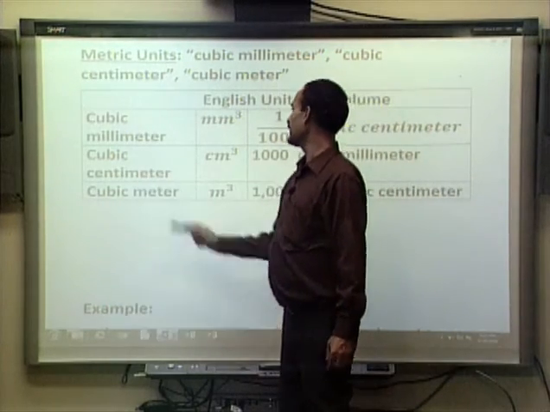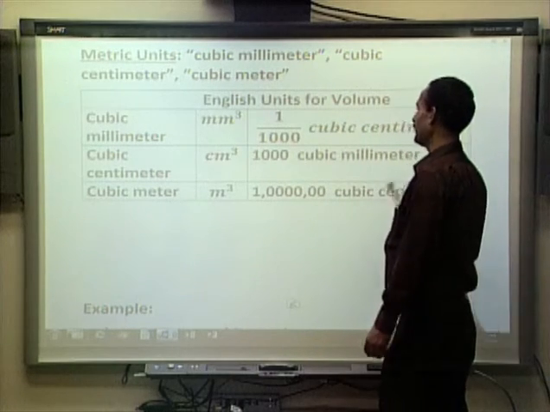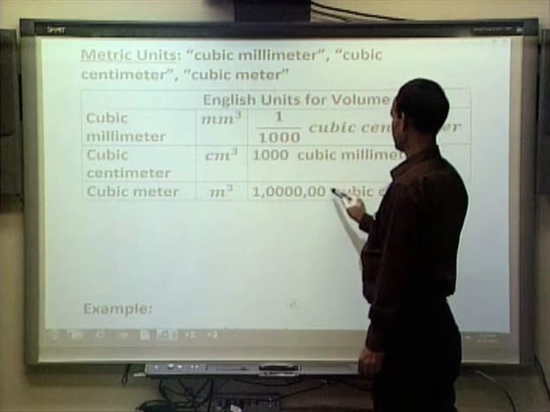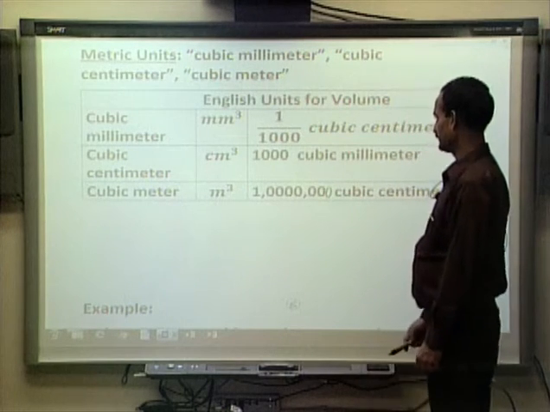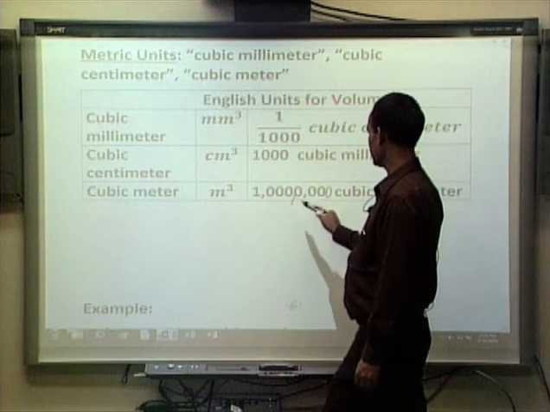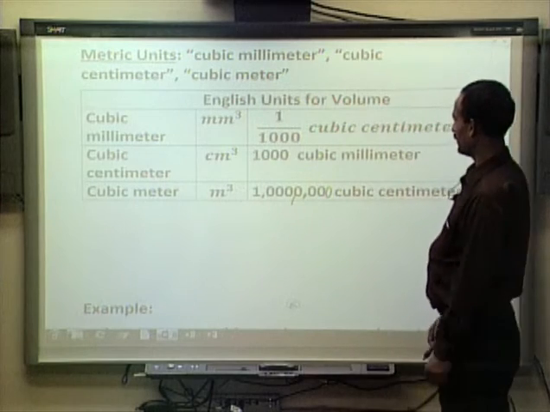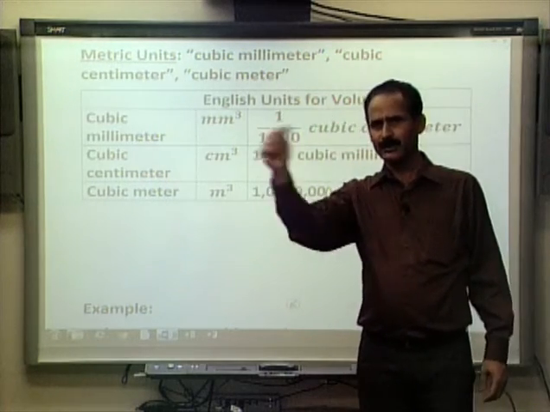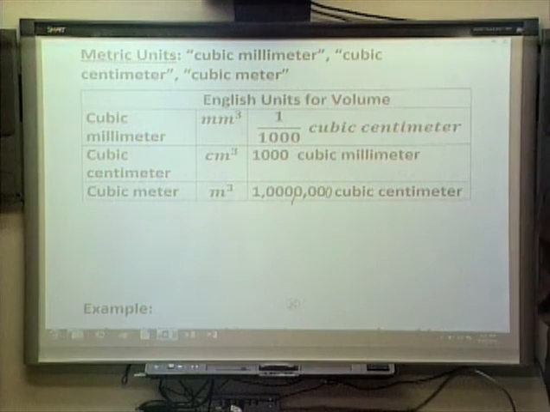That means a cubic centimeter will be 1000 cubic millimeters, and a cubic meter should be 1 million cubic centimeters. It goes in powers of 10.